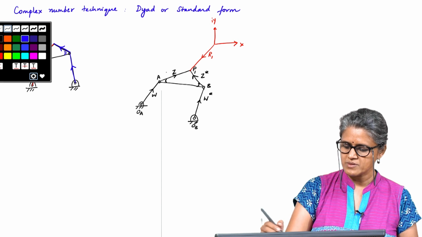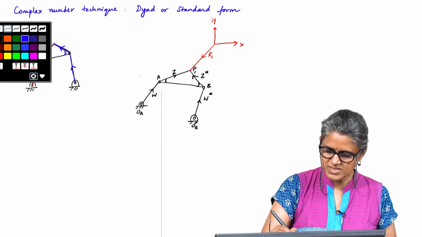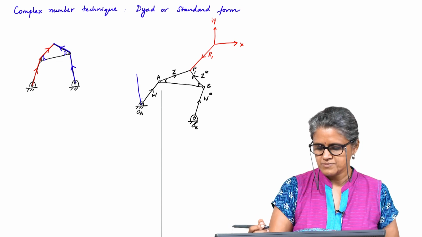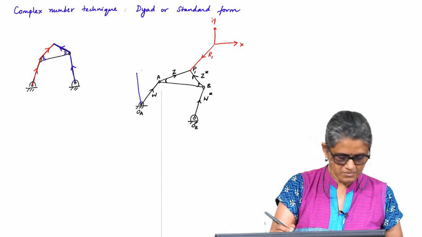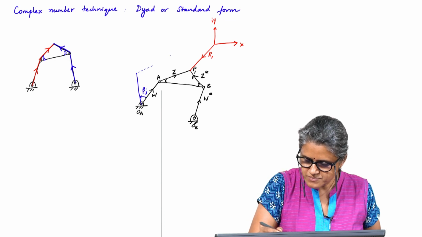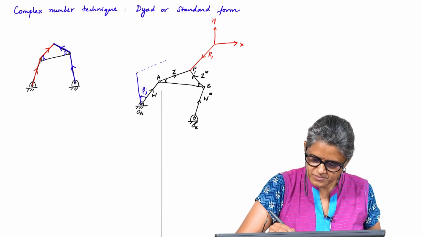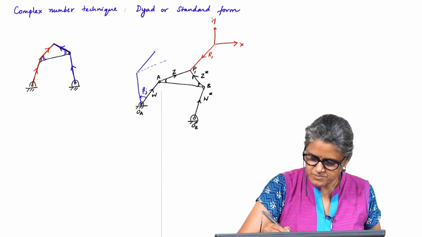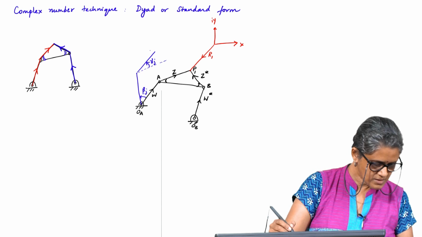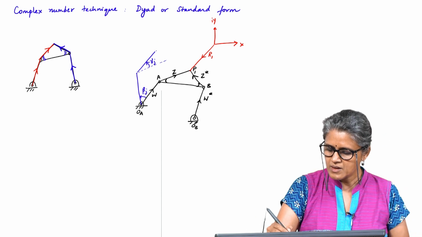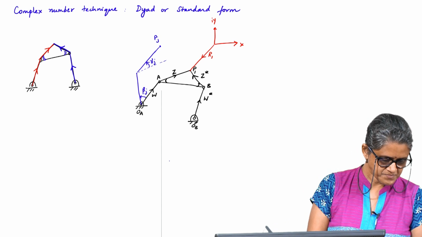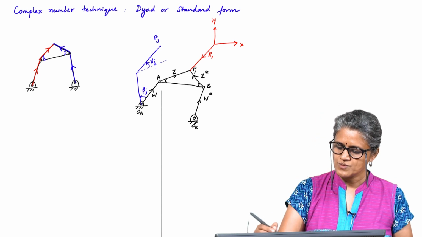I will just look at this dyad first and then I will say that this moves by an angle beta j, and the point P moves to this position P j. Okay. So, this is the angle.